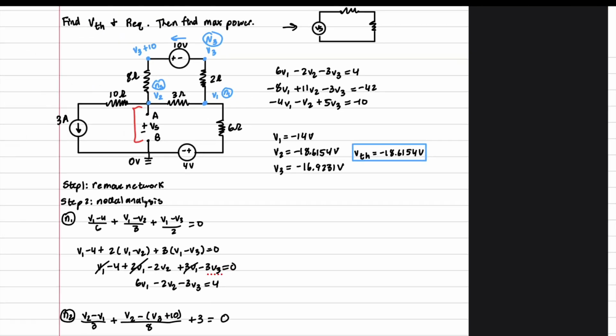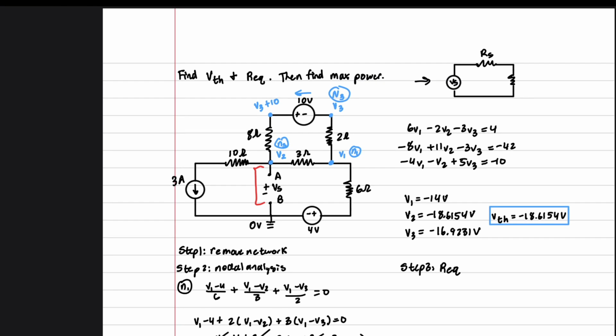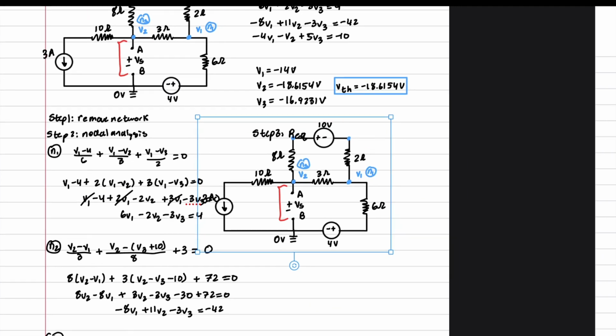Now step 3 is to find the R equivalent. Okay. So what we're going to do is copy down this entire circuit, but we are going to remove all of the sources.